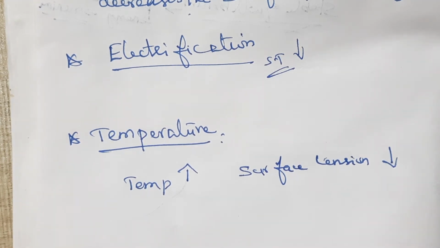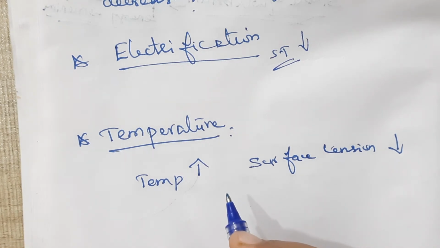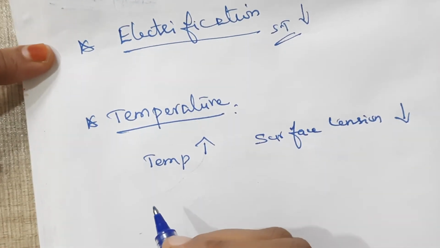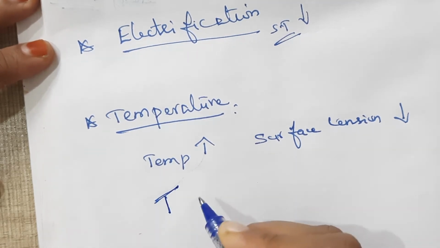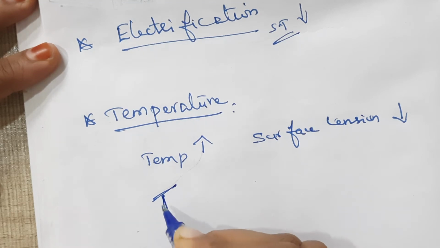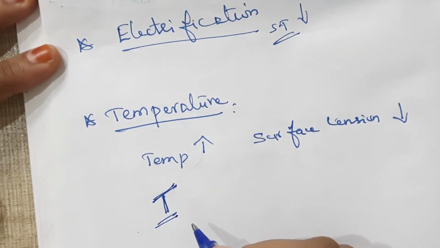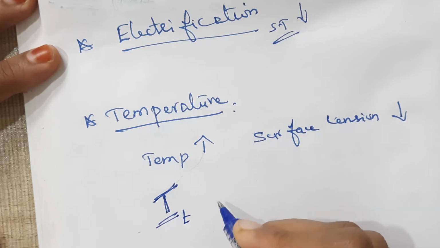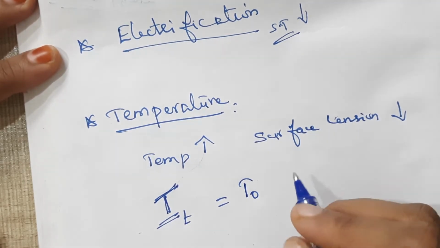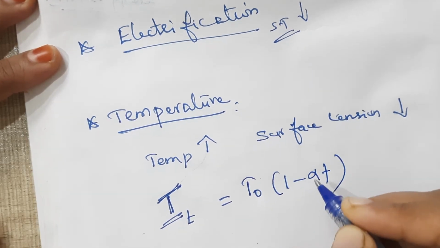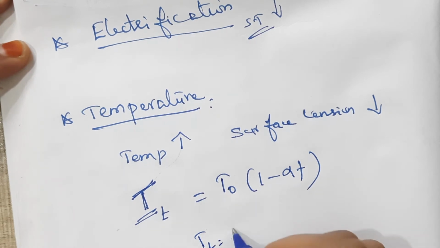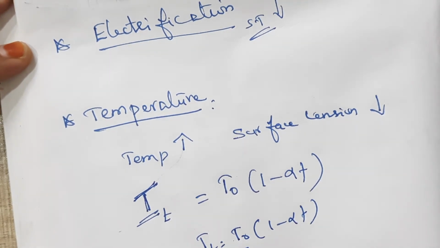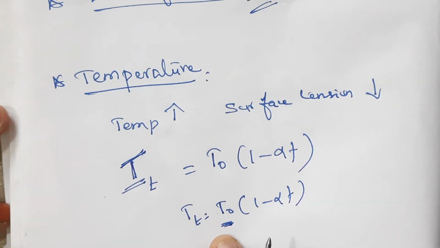For a small range of temperature, the surface tension T at t degrees Celsius can be written as T = T0(1 - αt), where T0 is the surface tension at 0 degrees Celsius.